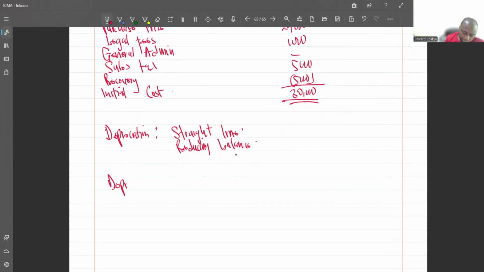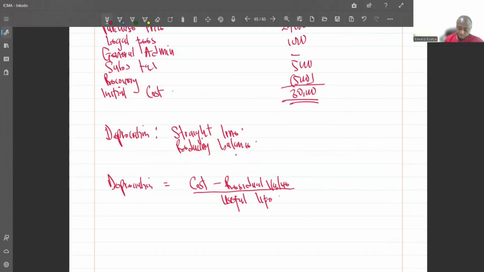Depreciation is basically the cost of the asset less residual value, then we divide by useful life. That is the straight line. If it was to be reducing balance, it would just be a percentage. You multiply the percentage by the cost, and that will be all. Then reduce it. The next year, we'll use the reducing balance to continue to calculate the percentage on that reducing balance.